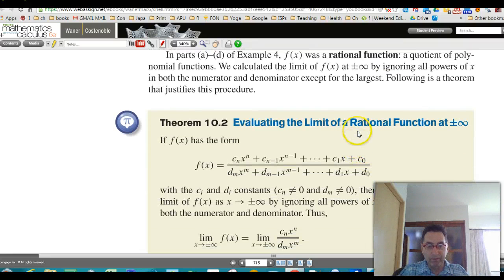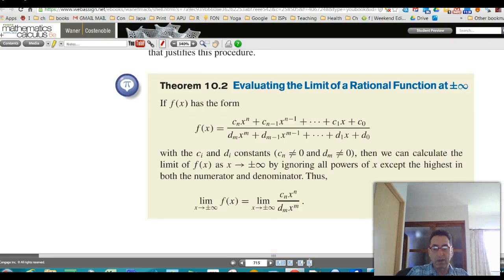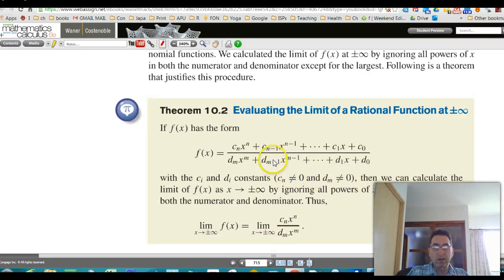Okay, one more. I guess we don't usually cover this, but let's do it. We don't usually have time to cover all these things, but I'll just mention it here. So here we're generalizing what we just looked at. What I mean by that is when we have a polynomial on the top, x to the n minus 1, all the way down to a constant term, and another polynomial on the bottom.